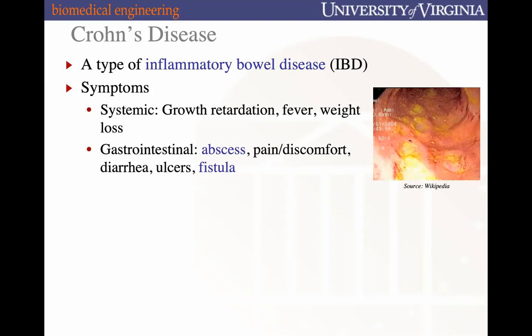You'll also have ulcers, which are these open lesions on the intestinal wall. And oftentimes it'll lead to a fistula. A fistula is basically a hole in that organ that will lead to another cavity area.